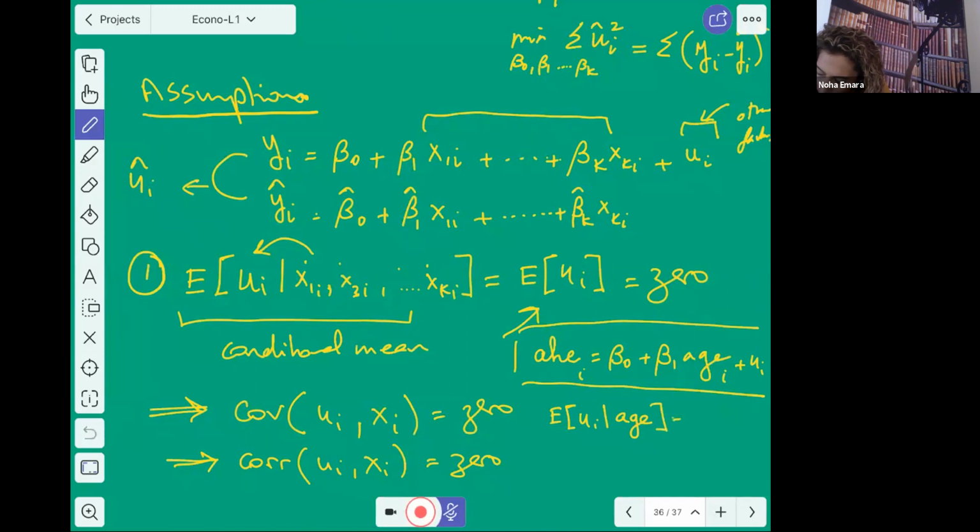It's simply equal to everything about other factors, which is equal to 0.